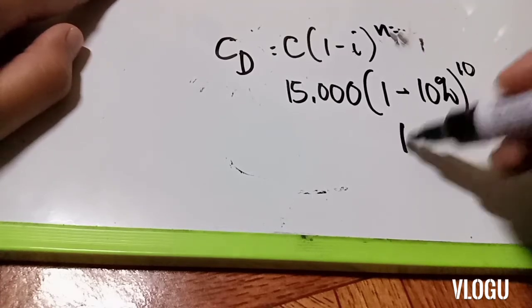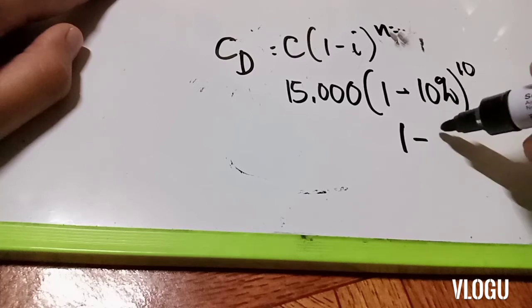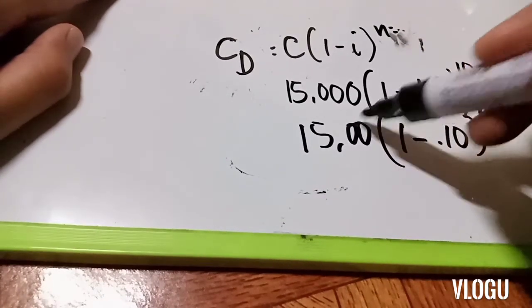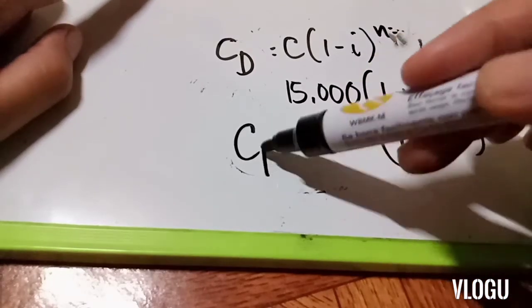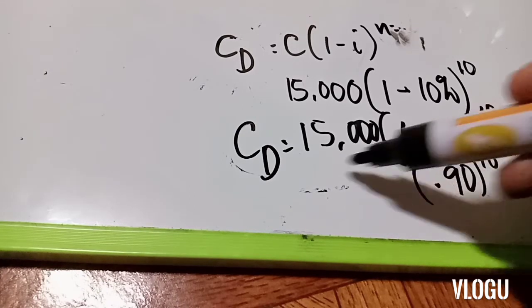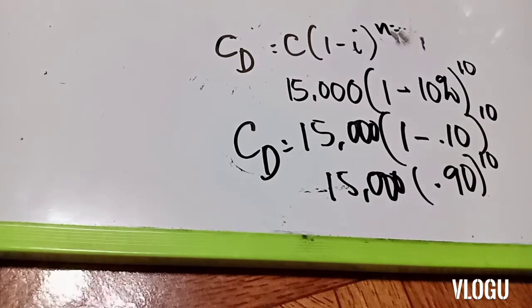Again, 1 minus 10% as a decimal is 0.10, times 15,000, and you will use the calculator. So 1 minus 0.10 is 0.90, raised to 10, times 15,000. This is used for engineering, and also by math teachers. Some grade 7 and grade 8 students already know that.